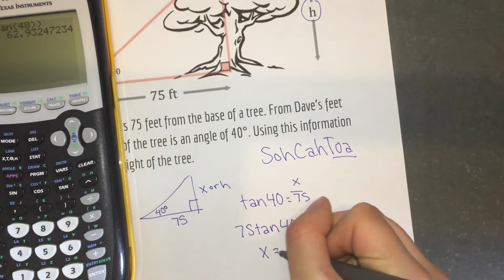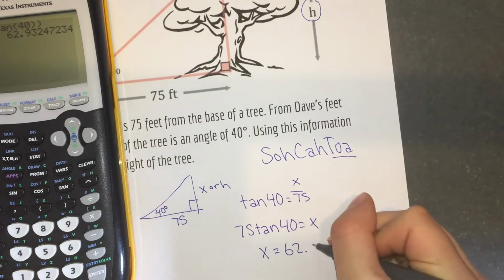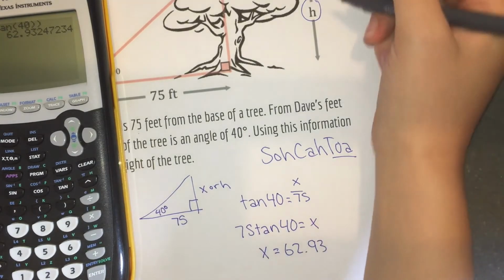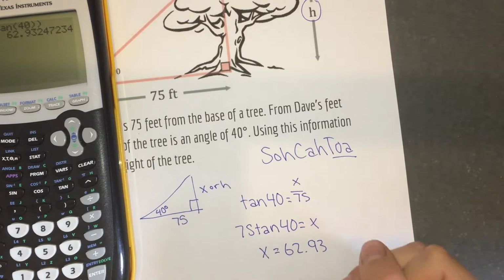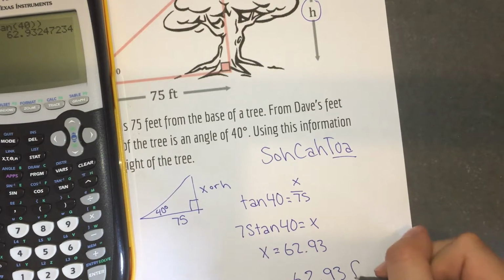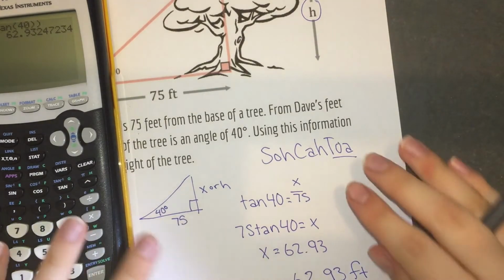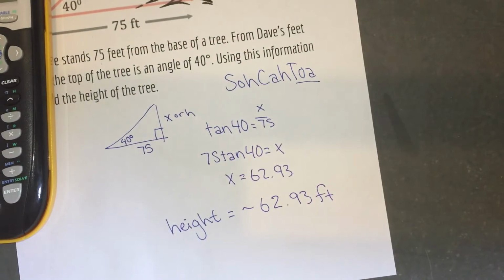So X equals 62.93. So the height of the tree equals about 62.93 feet. So we have that there.